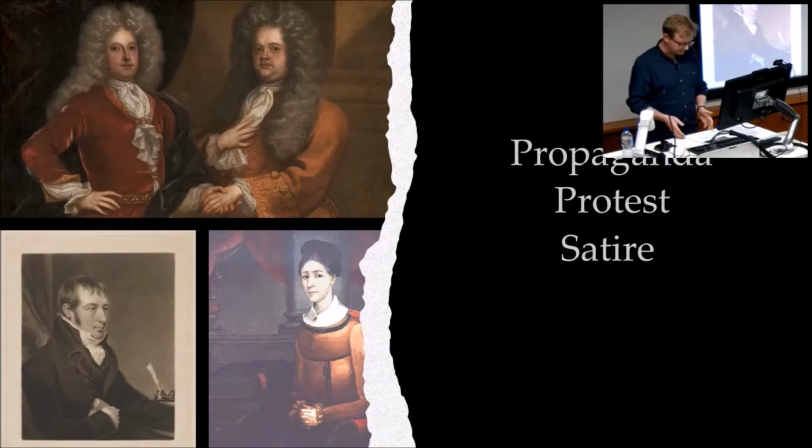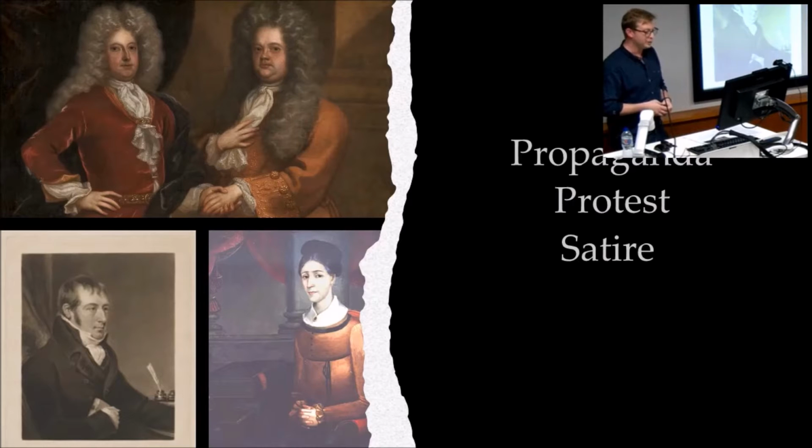Two of these have a tendency to bank on the limited scrutiny of the reader, whereas one of them demands the scrutiny of the reader. So propaganda wants to obfuscate. It wants to simplify things. It wants to hide its agenda and persuade you of a certain set of ideas. Protest literature, obviously, thinks it's doing good work, and often it is, but it's about simplifying things.